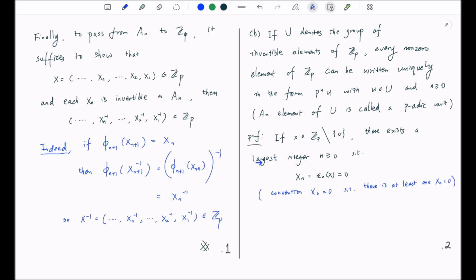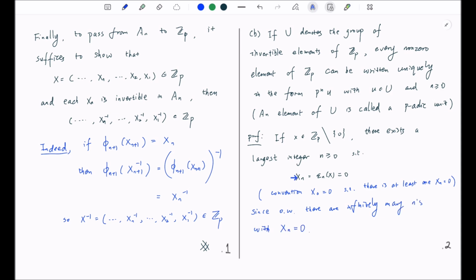Now why is there always a largest integer satisfying this? This is because otherwise there are infinitely many n's with xn equal to 0.